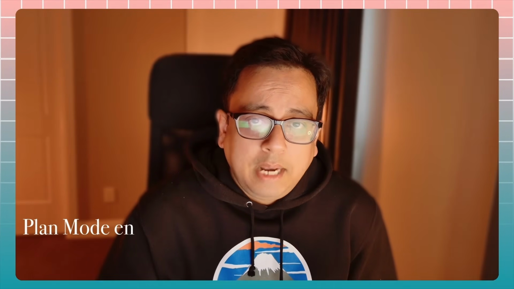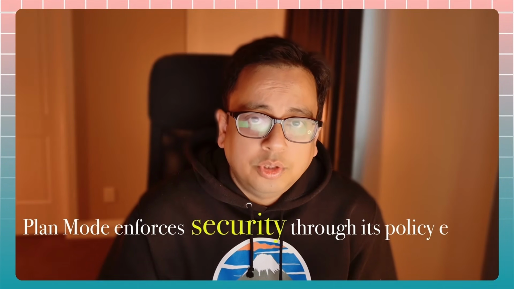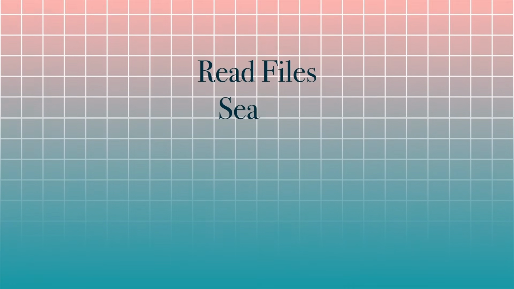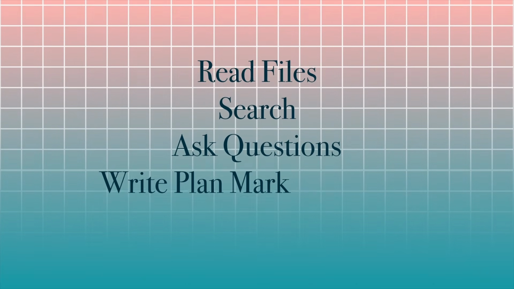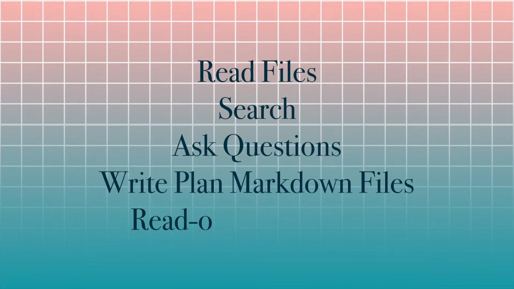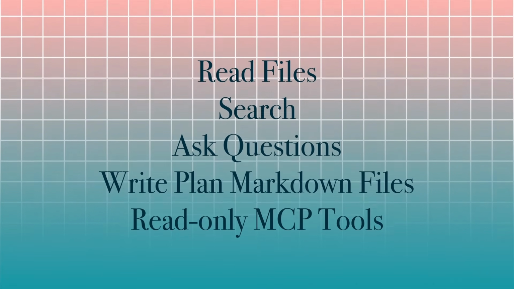One thing I want to highlight for developers who care about security and control is how plan mode enforces security through its policy engine. In plan mode, the only things an agent can do are read files, search, ask questions, write plan markdown files, and use read-only MCP tools.